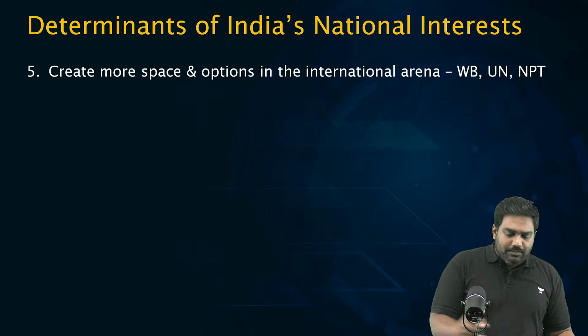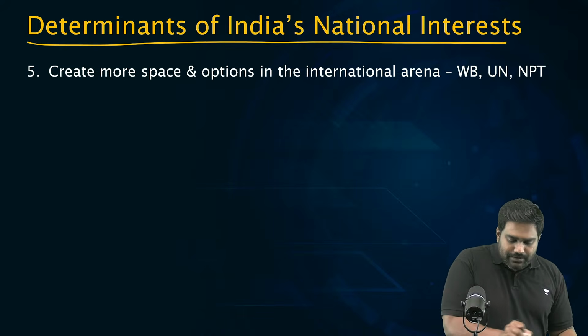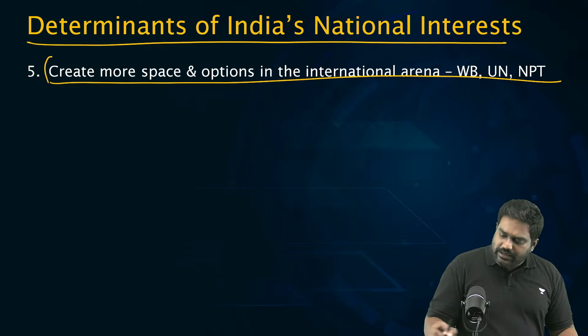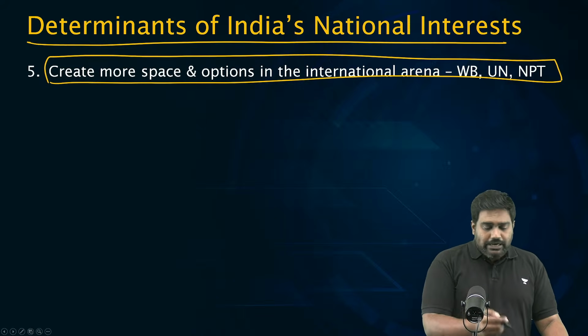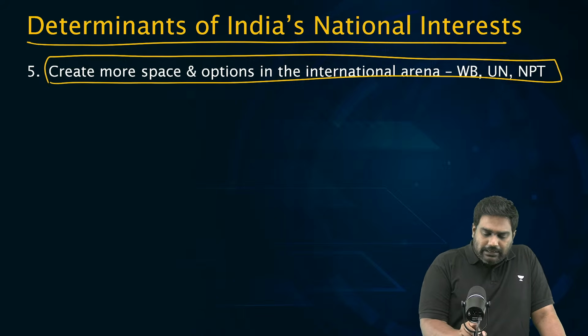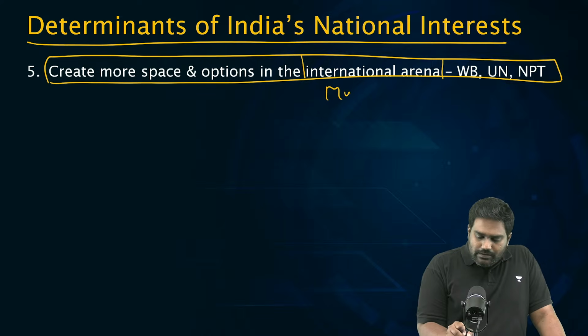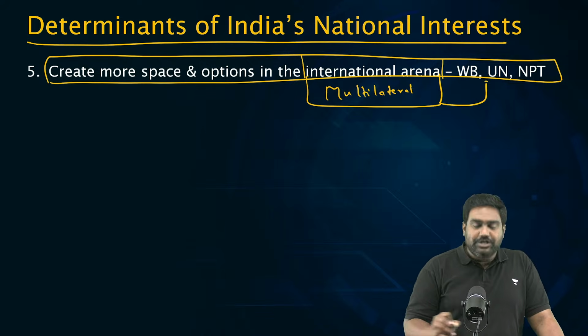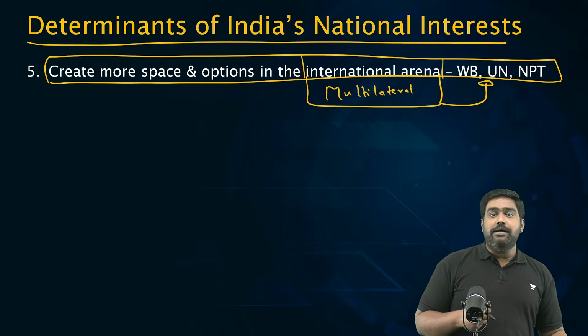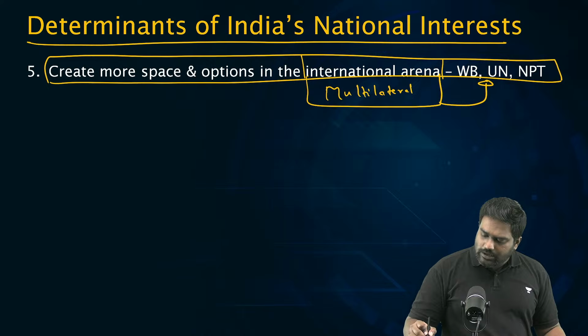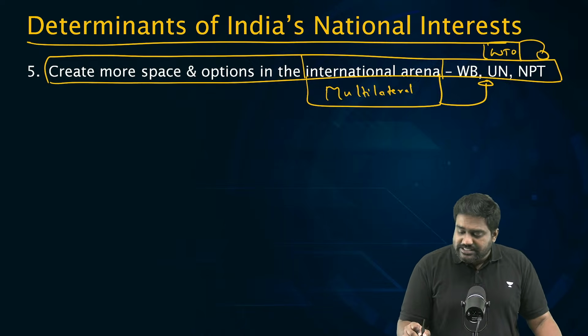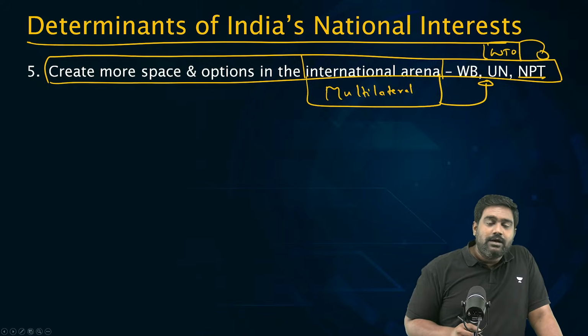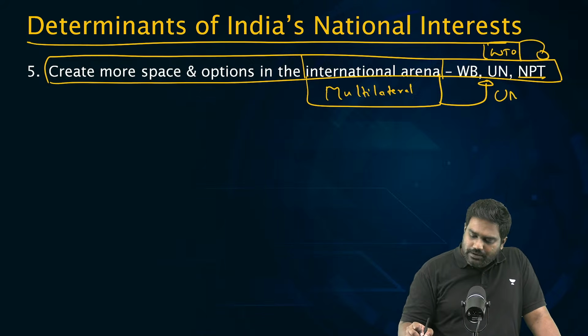Then the other determinants of our national interests also include the creation of more space and more options at multilateral institutions, at global platforms such as the United Nations or World Bank and IMF or the World Trade Organization, or with regard to export control regimes such as the Non-Proliferation Treaty or even the Climate Change Convention, the UN Framework Convention on Climate Change.